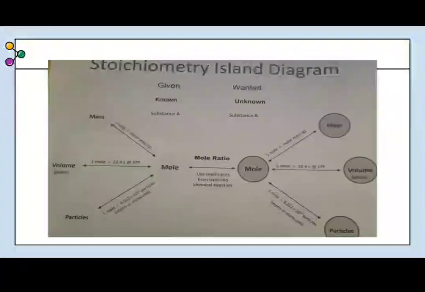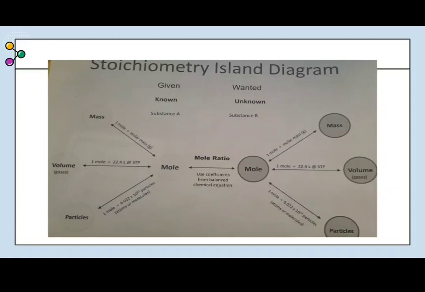If you need extra help, you could have used the stoichiometry island diagram that shows you what you're converting and how you're getting there. For our first reactant, we went from particles, I believe, but that could be molecules or atoms, to moles. That's 2 steps right there.